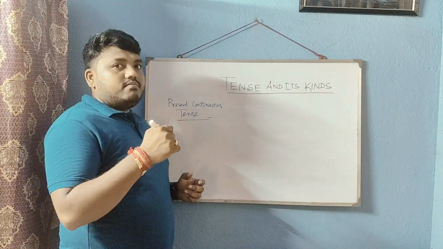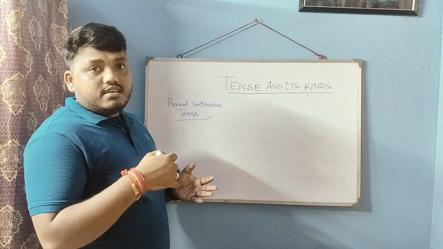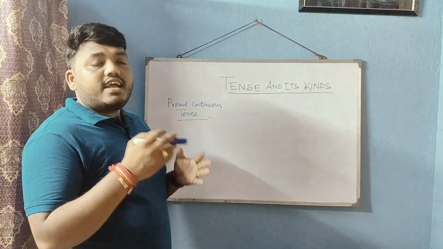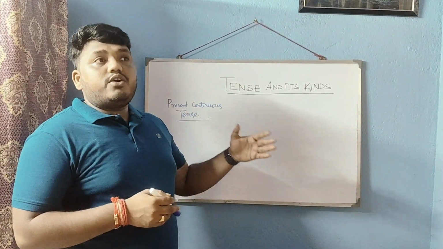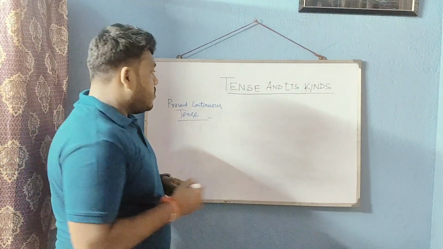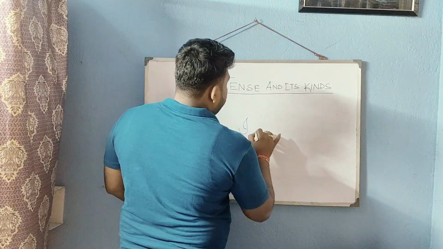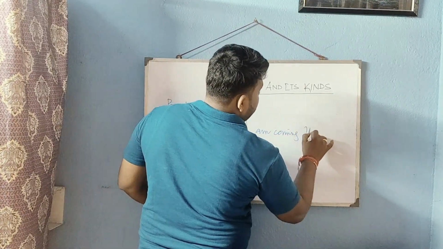So it's actually future, but because he is coming soon, he can say that he is coming. So for denoting an action that is going to happen in the near future, we can use present continuous tense. For example, I am arriving, I am coming this month.